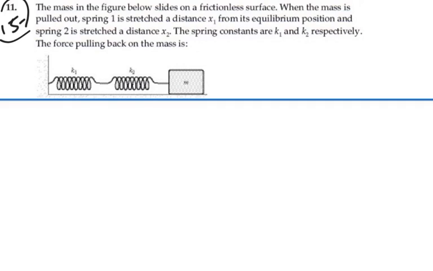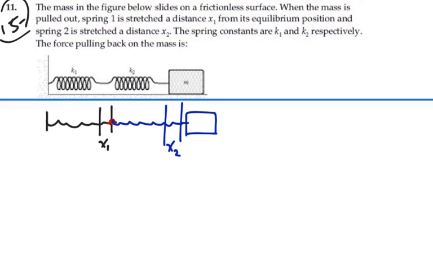The force pulling back on the mass is, this is a kind of complicated situation. We're stretching spring 1 a distance x1, and then from that contact point we're stretching spring 2 a distance x2, and that's connected to the mass like this.